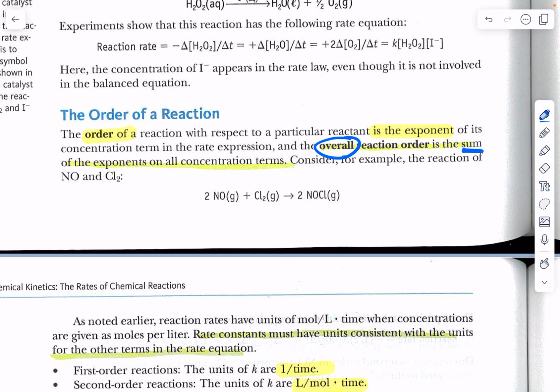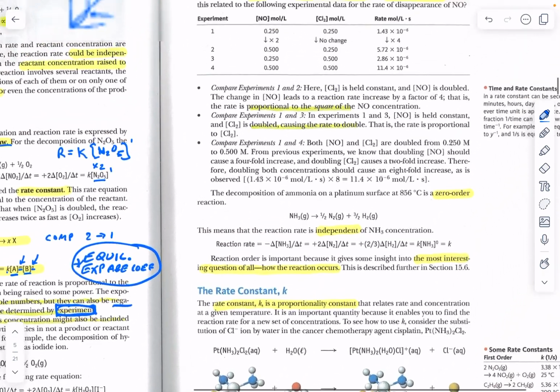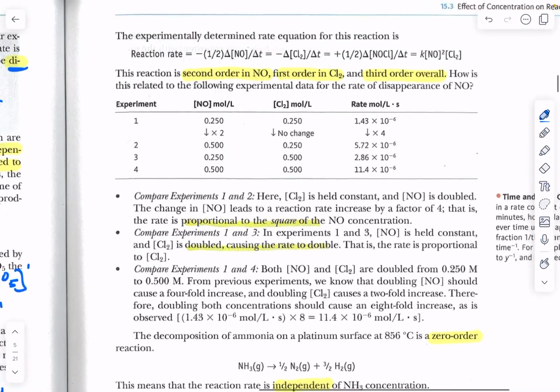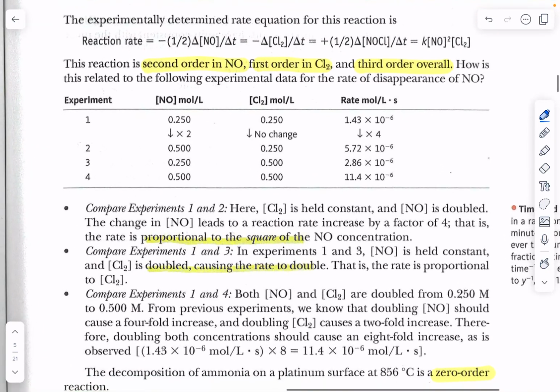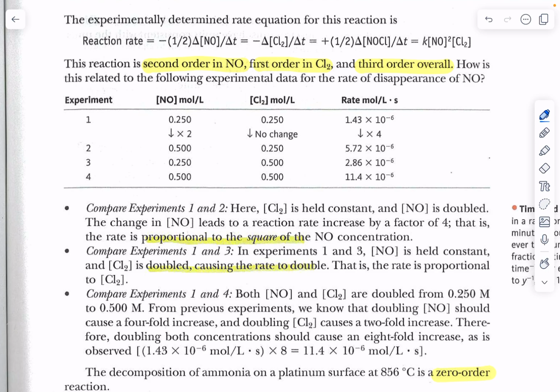So if I'm looking at this equation right here, and we determine, coming over to this page, we first of all need to determine what is the exponent for reactant nitrogen monoxide and the reactant chlorine gas.